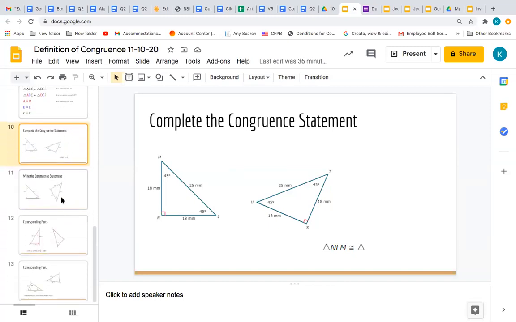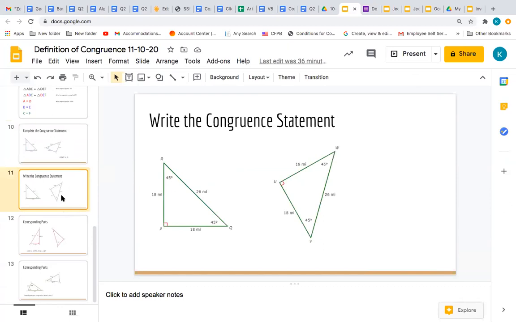There are a few other triangles, and look at it. Write the congruent statement. How can we write that? If you look at it, you have a right angle over here, you have a right angle.